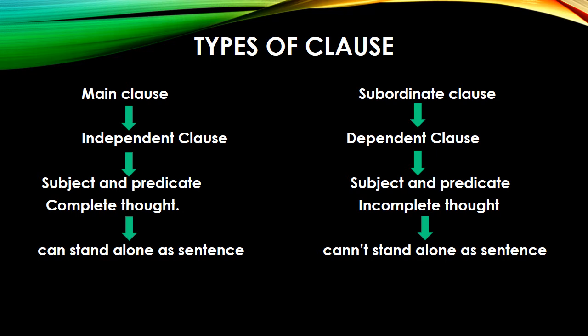It also has a subject and predicate, but a subordinate clause does not express a complete thought, and it cannot stand alone as a sentence. So students, this is the main difference between the main clause and the subordinate clause.